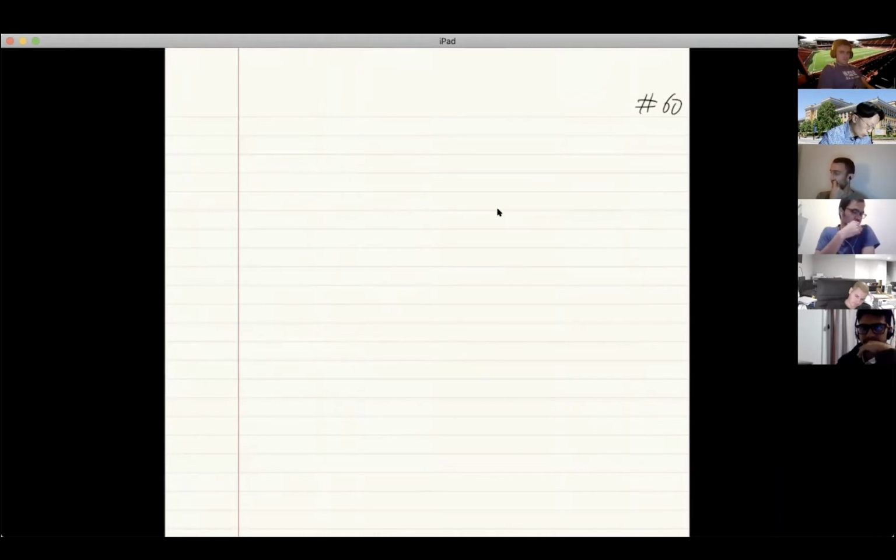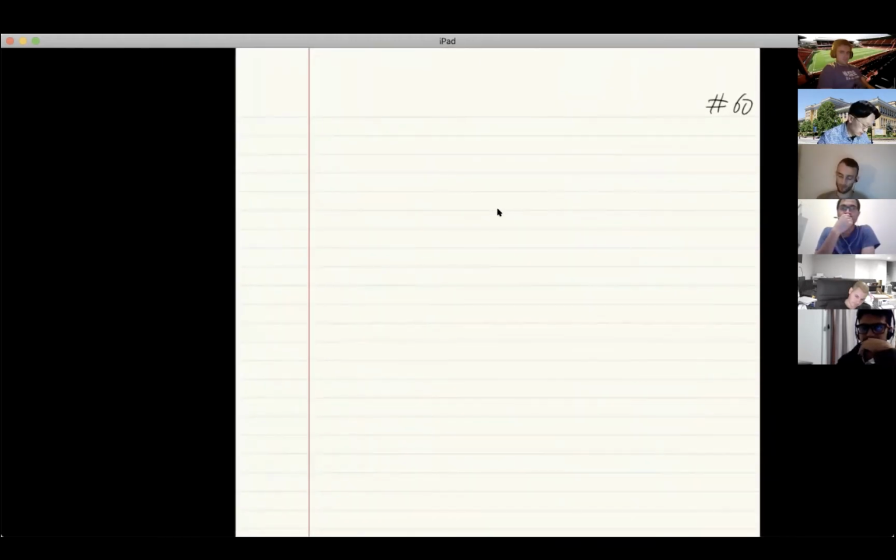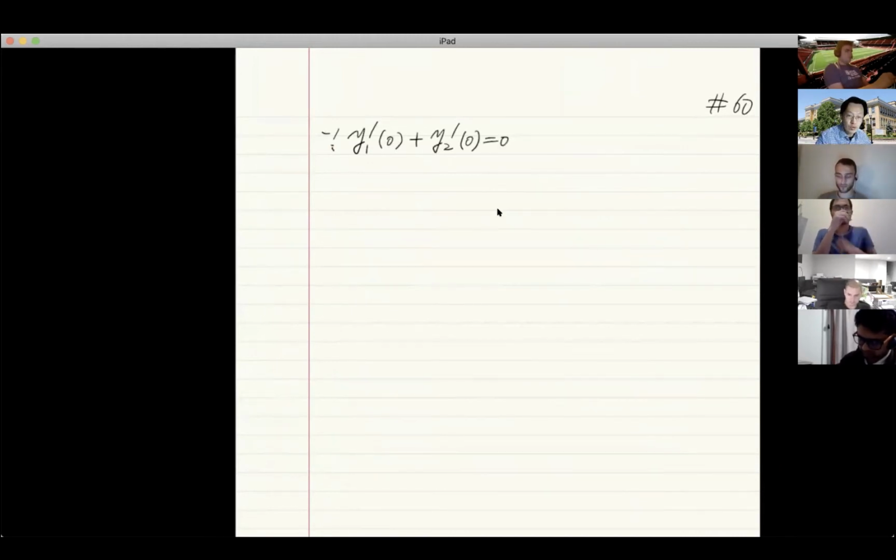So how do we use it? Now, because y1 prime plus y2 prime must be 0, and we have the expression of y1 prime and y2 prime at 0, then you can put them together.